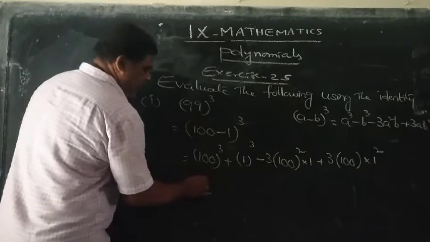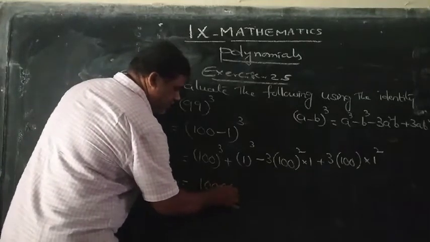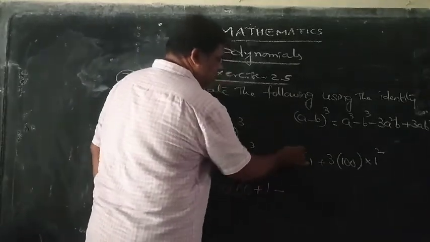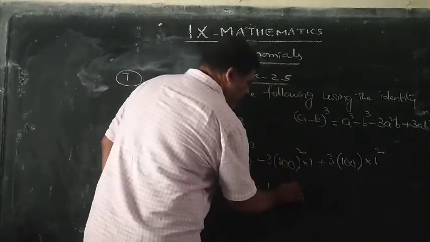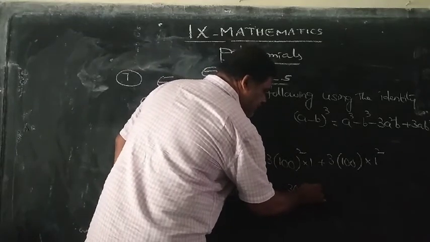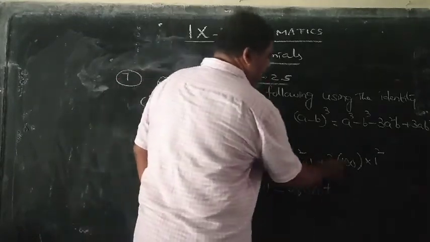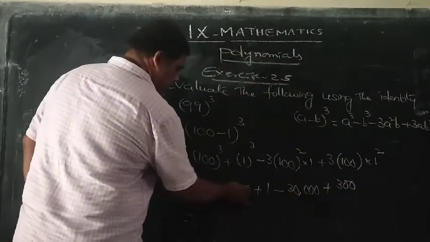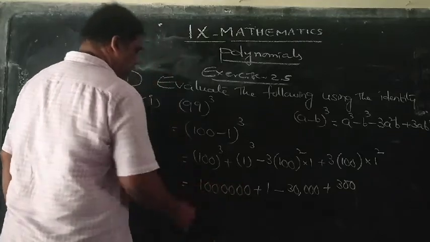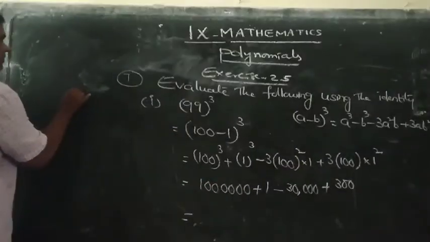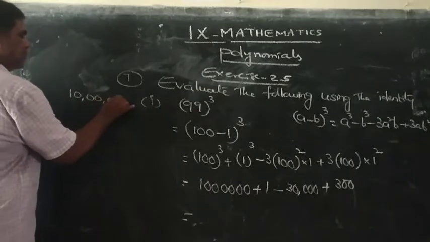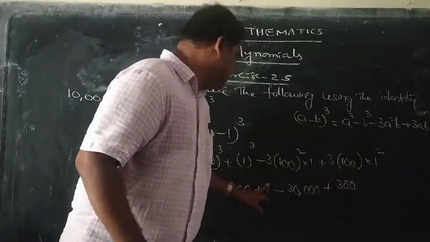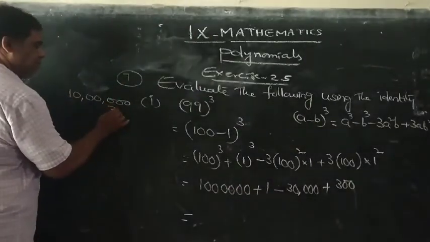100 whole cube, that is 6 zeros you have to keep. 1 cube is 1. 100 square is 10,000. 10,000 into 3, 30,000. Plus 3 into 100 into 1, 300. So it is 10 lakhs. First let us add positive numbers. This is 300, this is 1, 301.